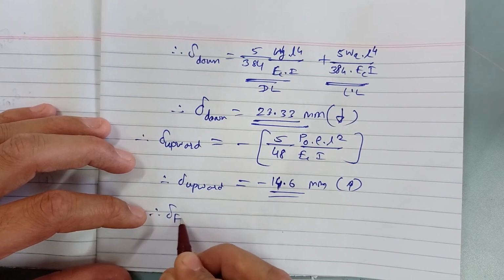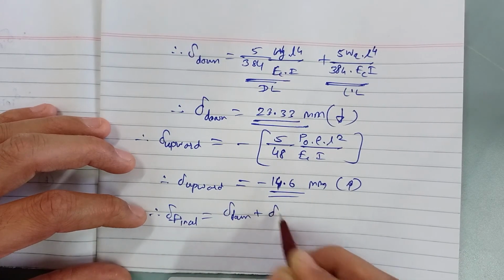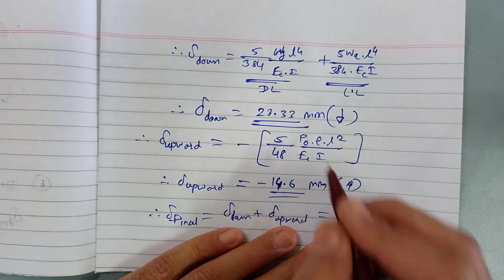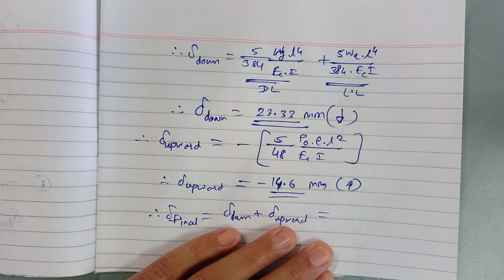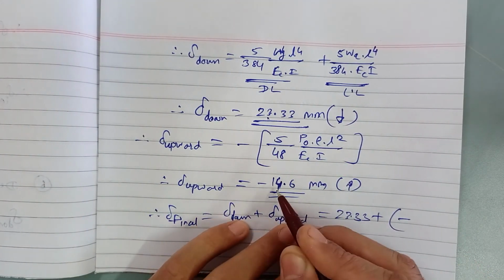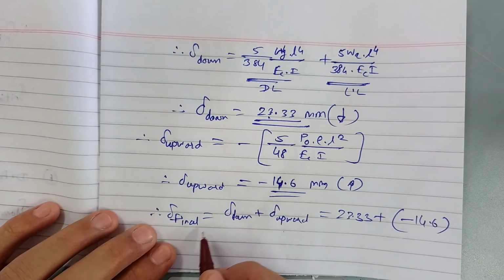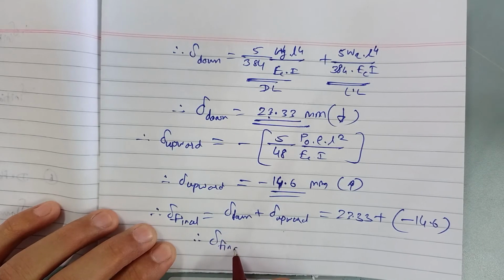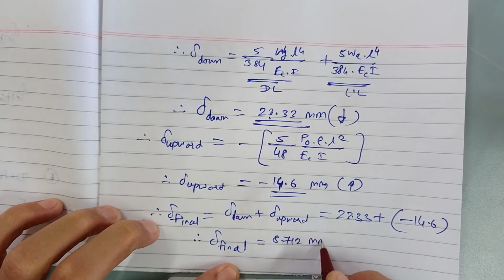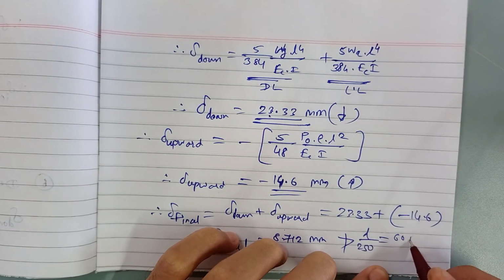Hence, deflection at final stage will be delta downward plus delta upward. Downward deflection is 23.33 mm plus upward deflection is minus 14.6 mm. Hence, final deflection value will be 8.712 mm, which should not be greater than L by 250, that is 60 mm.